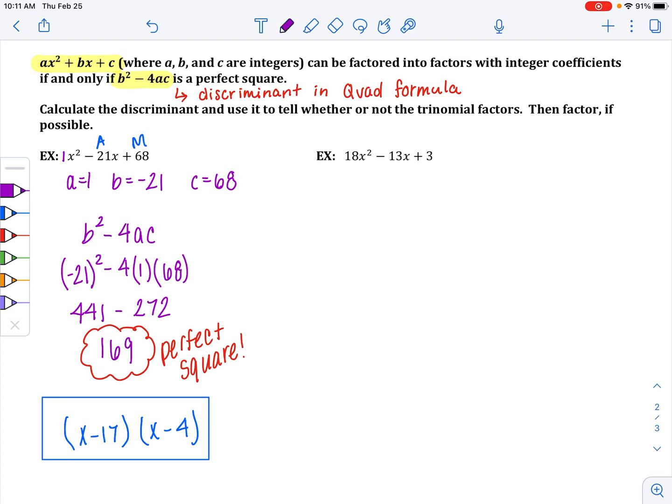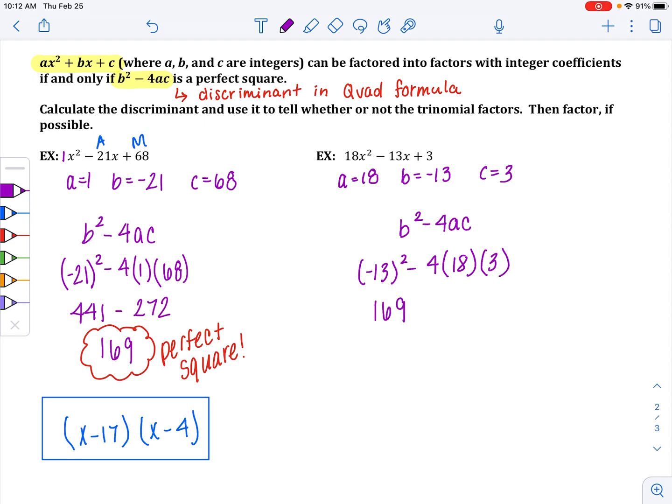Last example, let's see what we got. A is our 18, B is negative 13, C is 3. Plugging into the quadratic formula, just the discriminant portion, that's all we have to deal with. You'd get negative 13 squared, minus 4 times 18 times 3. So you'll get 169. Oh, look, we just found that.